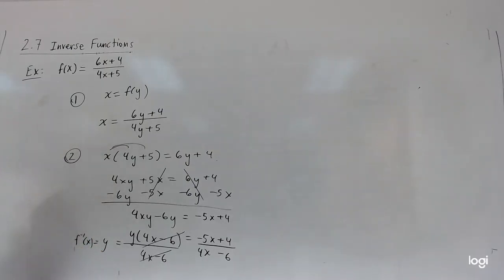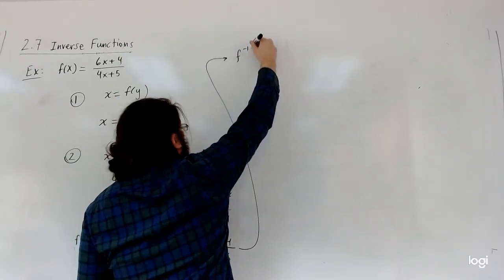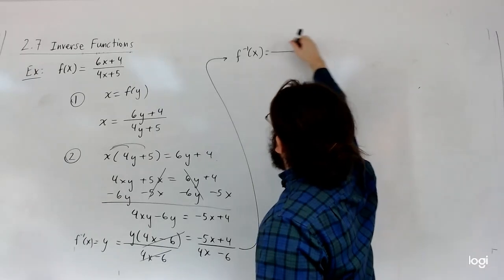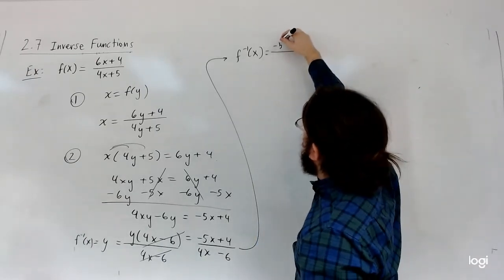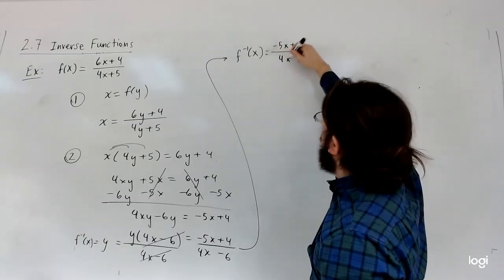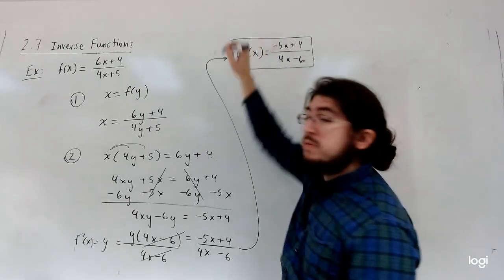Perfect. So now we have f inverse of x as our final answer, equal to negative 5x plus 4 over 4x minus 6. That's our answer. Beautiful.